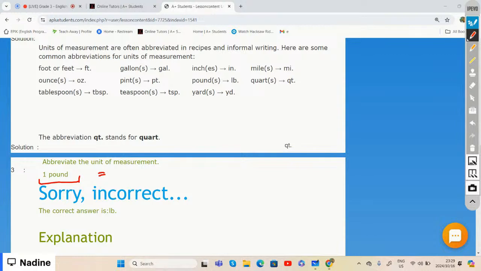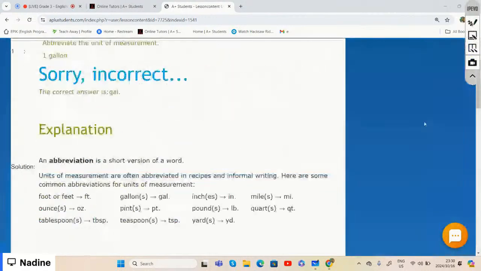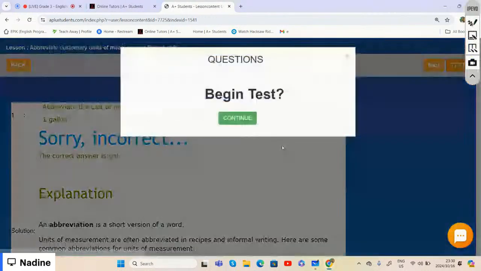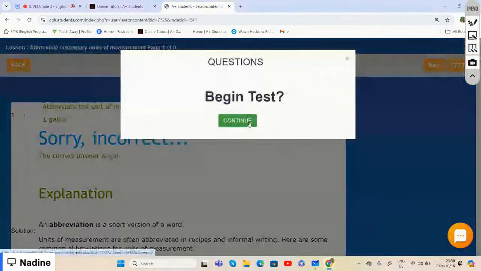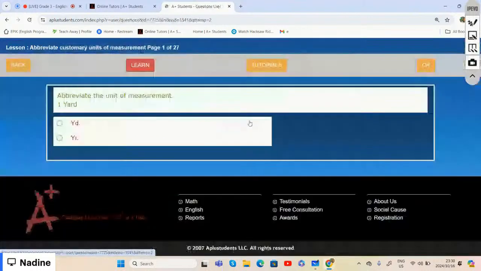All right. And if we were to find the abbreviated word for 1 pound, it will be LB period. Well done. LB period. That is 1 pound. All right. So now we're going to our test where we are going to abbreviate customary units of measures. And when it comes to customary units of measurements, we still add the period at the end.